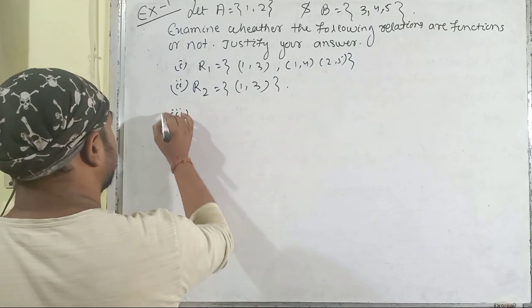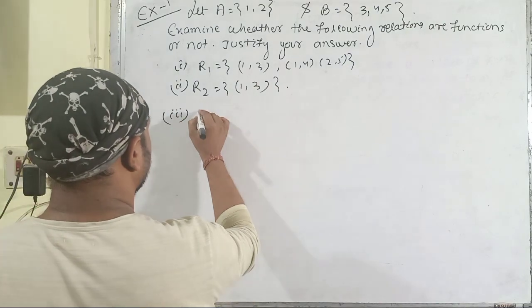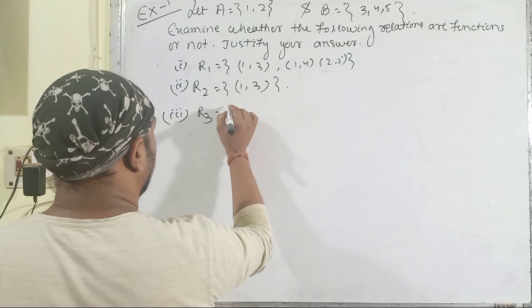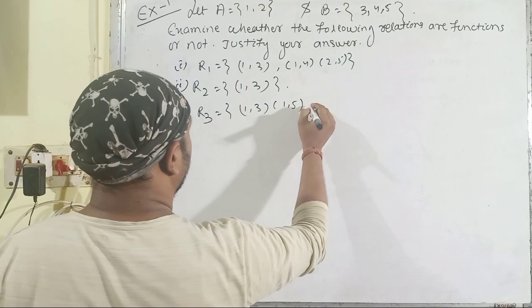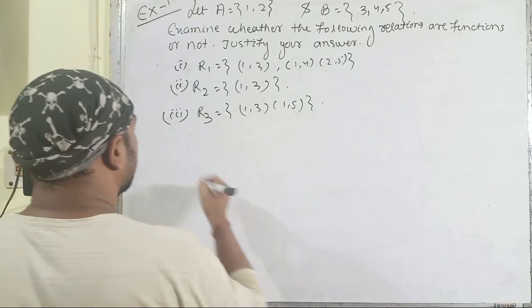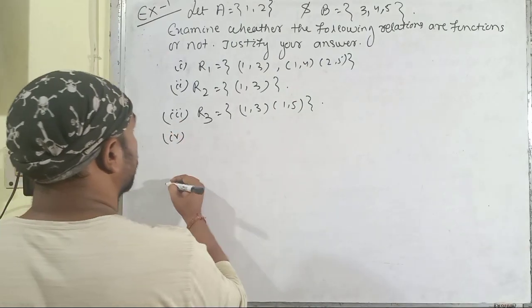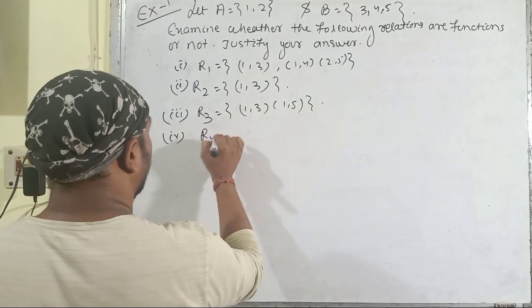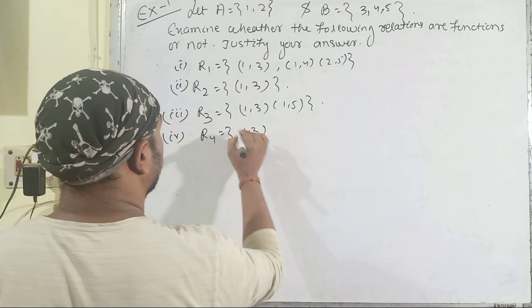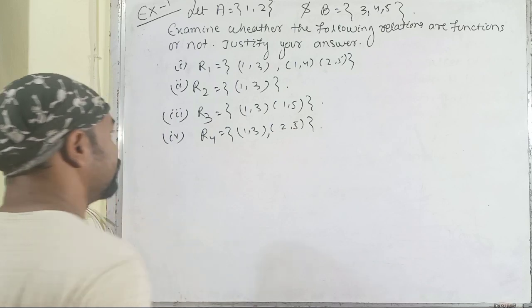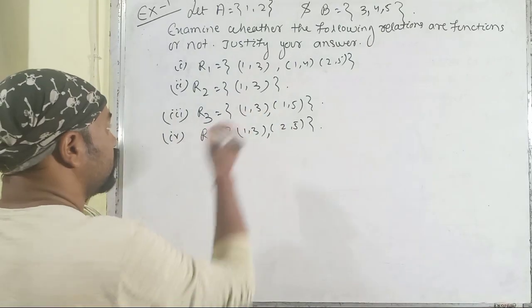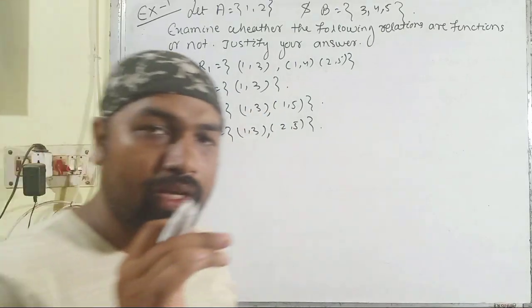The third one is R3 equal to {(1, 3), (1, 5)}. Then the fourth one is R4, given by {(1, 3), (2, 5)}.